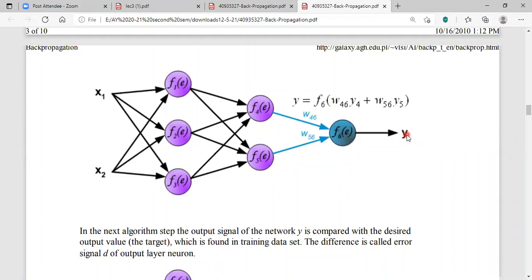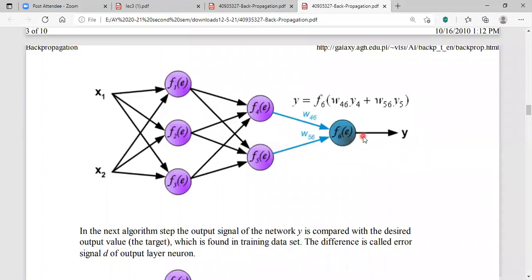reaching your target value. If the error is 0, you need not repeat the calculation of the error and transmit it back. Once the target is reached, that's all. But you need to repeat this cycle until your target is reached.